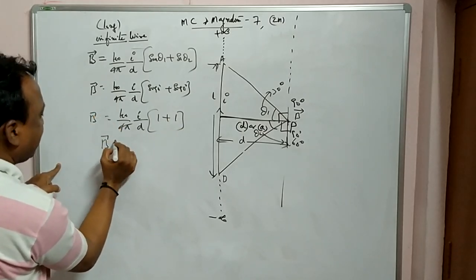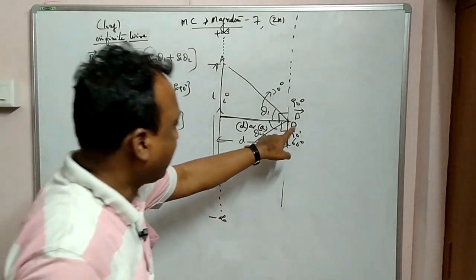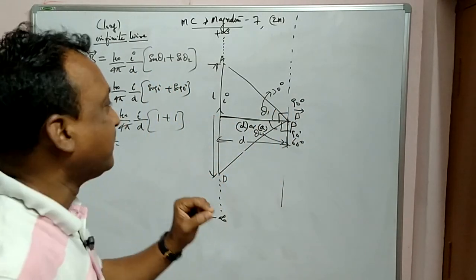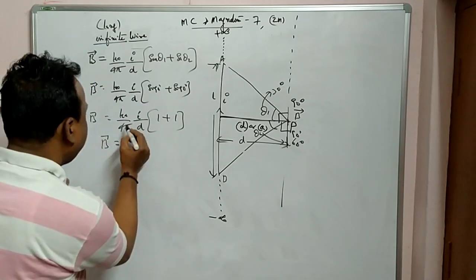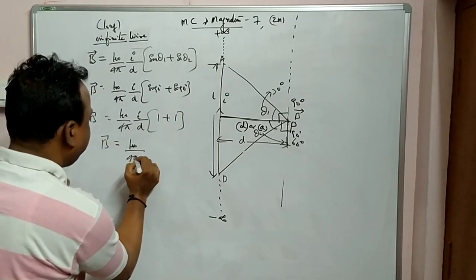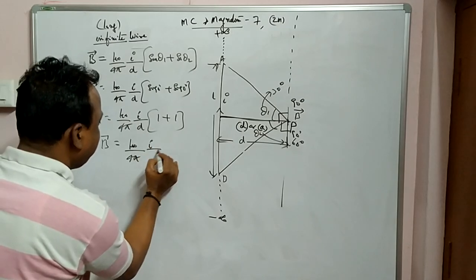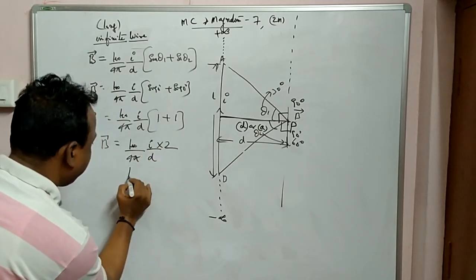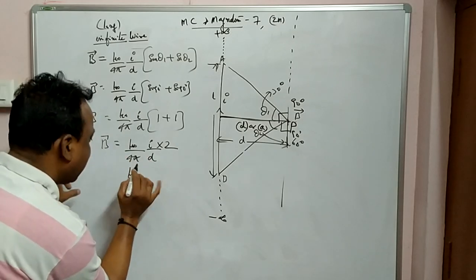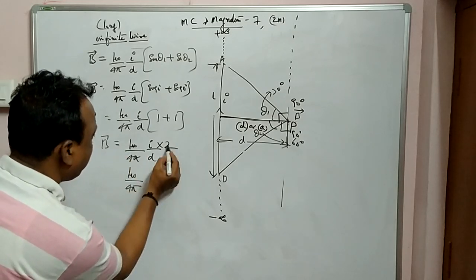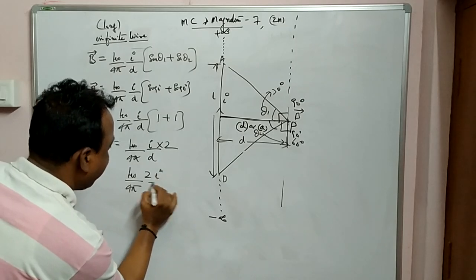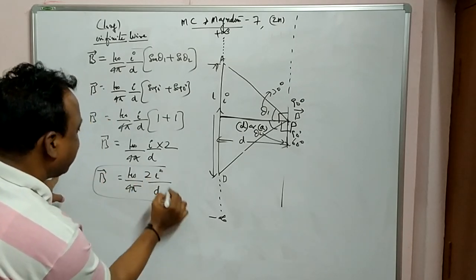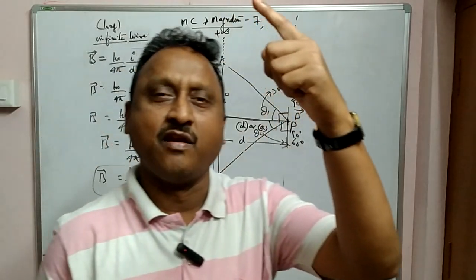Therefore, the magnetic field induction at a point P due to a current carrying long wire or infinity wire is given by mu naught by 4 pi, which is constant, I by D, into 2. Don't cancel this 2, keep it like that only: mu naught by 4 pi, 2 times I by D. So this is the final formula for the magnetic field for an infinity wire, long wire.